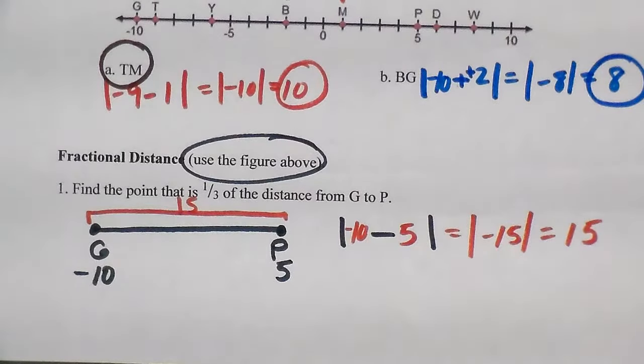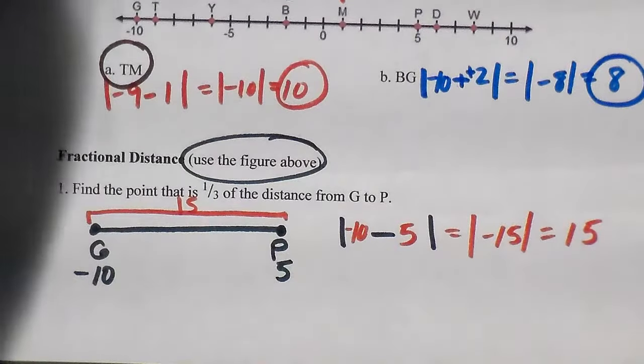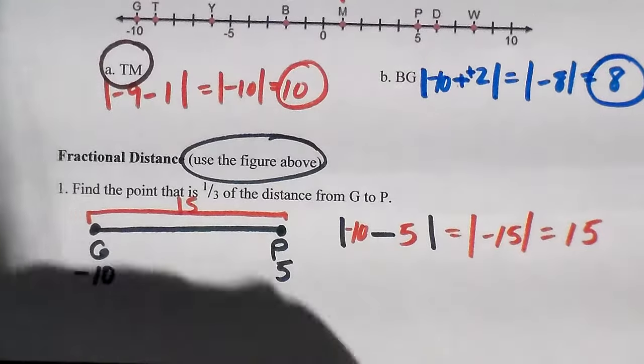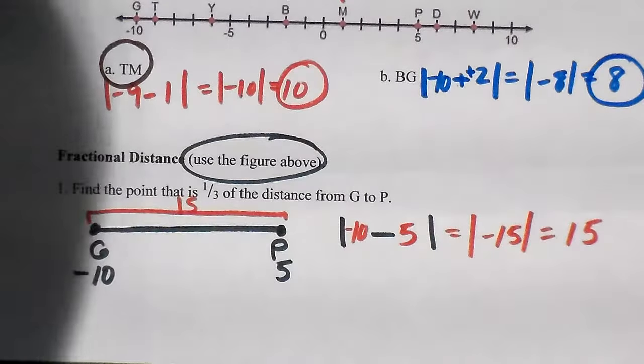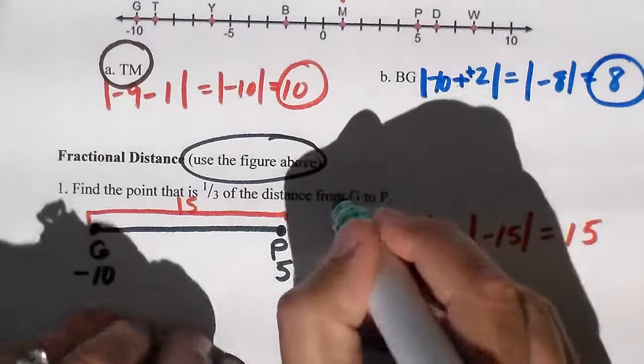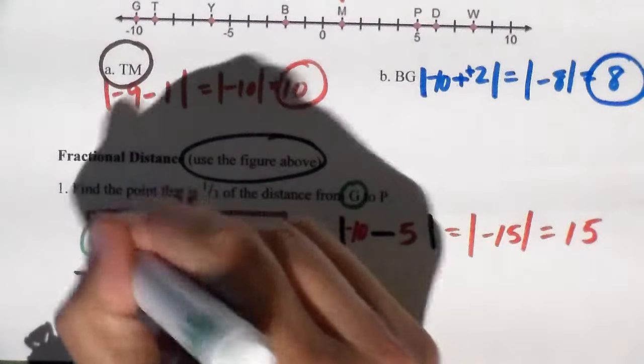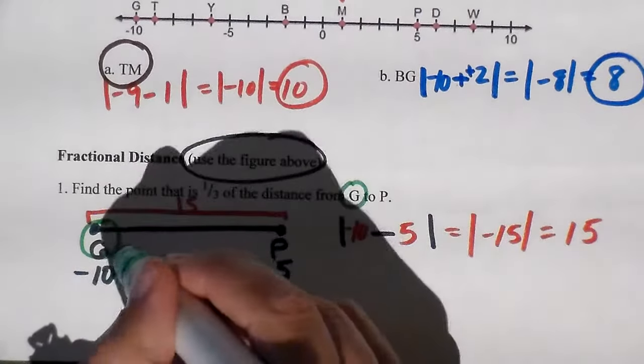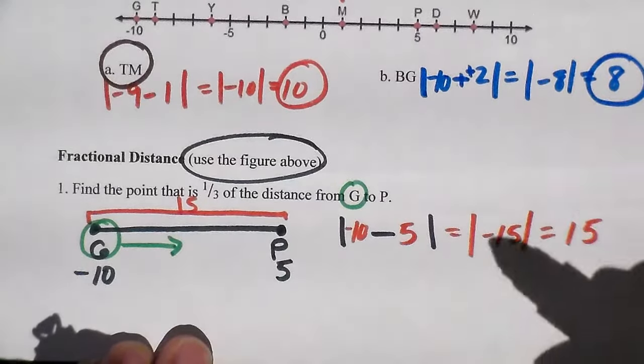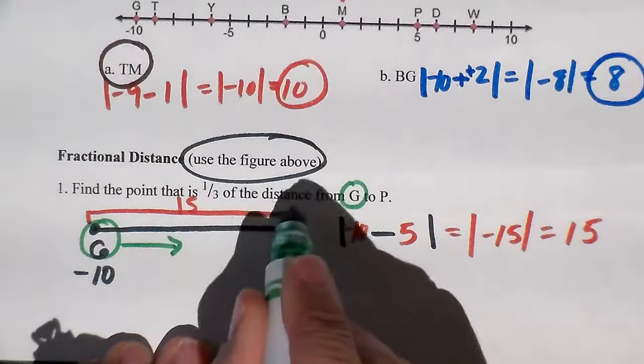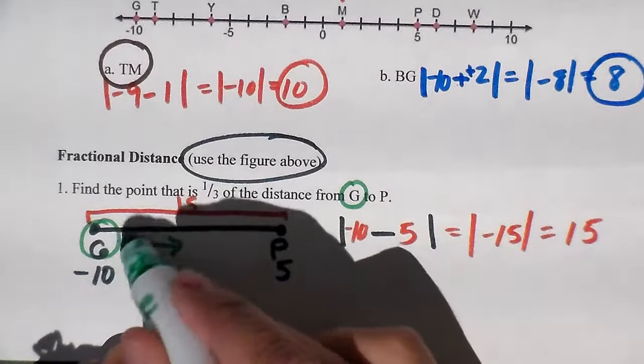Now, I'm going from G to P. So I'm going to start at G. This indicates G is my starting point. That's important. I'm going this way. I want to go 1/3 of the distance from G to P. I don't want to go that whole 15.